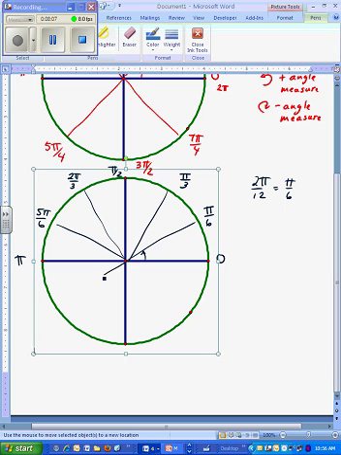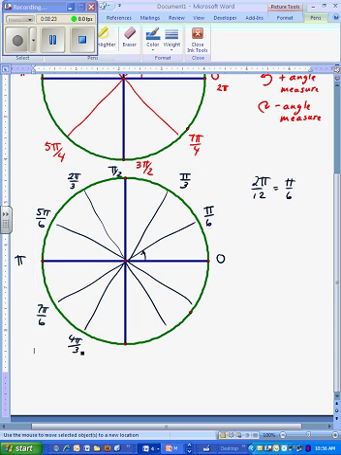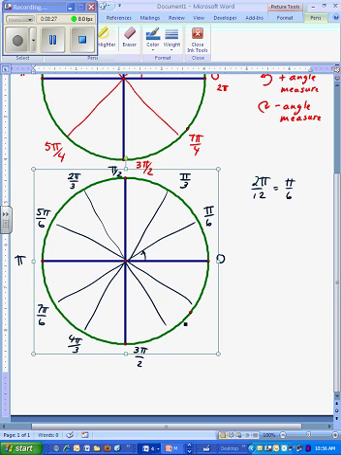Then if I go down into the third quadrant and split this up, this one was at 6 pi over 6, so this would be 7 pi over 6, 8 pi over 6, 9 pi over 6, 10 pi over 6, and 11 pi over 6. 12 pi over 6 brings me back to 2 pi.